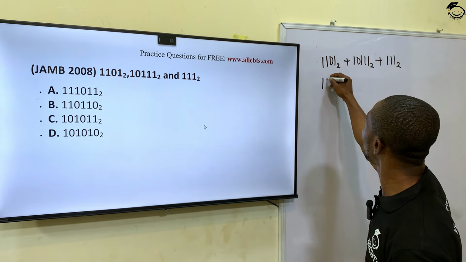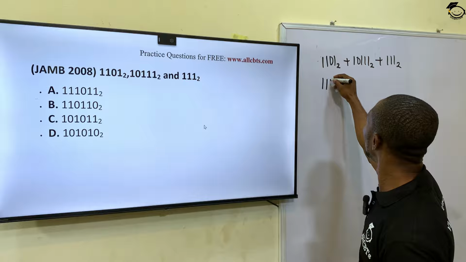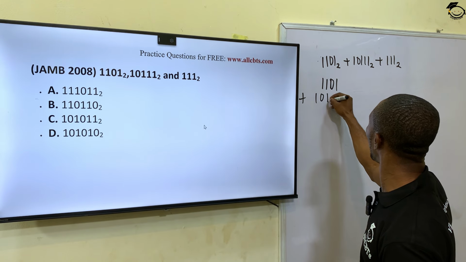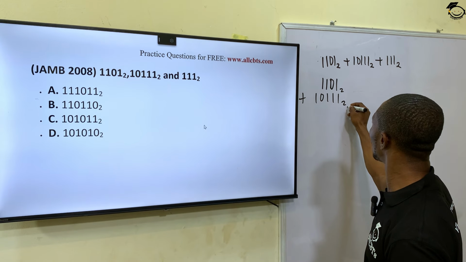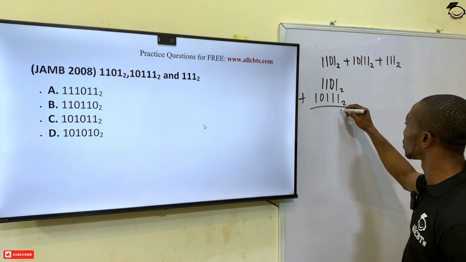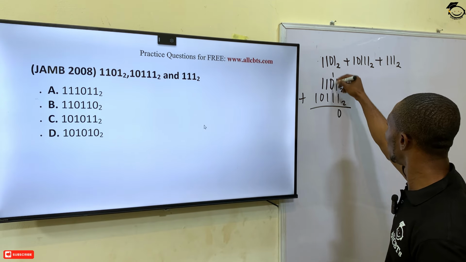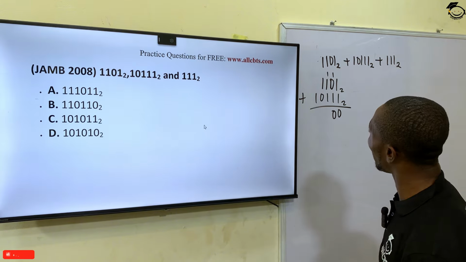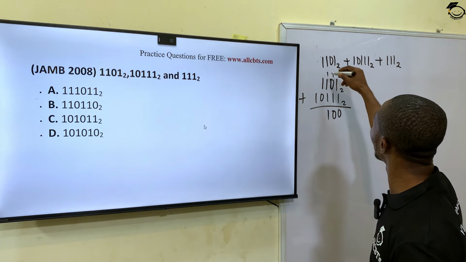Now this will be 1, 1, 0, 1 plus 1, 0, 1, 1, 1, all in base 2. Okay, 1 plus 1 would give us 10, so we write 0, carry 1. Another 10, so 0, carry 1. This will give us 11, so we write 1, carry 1.